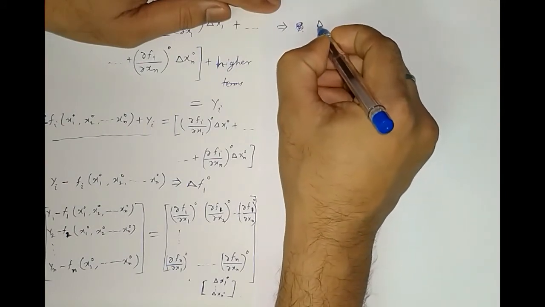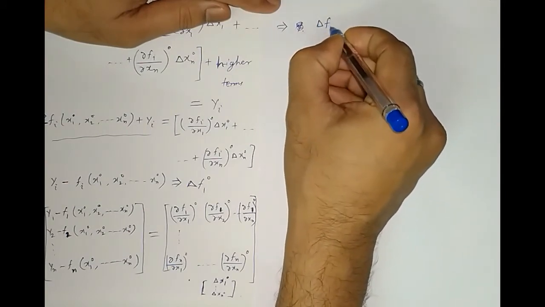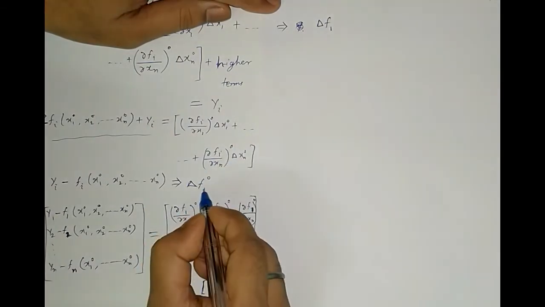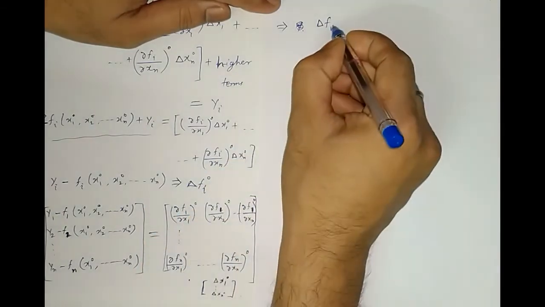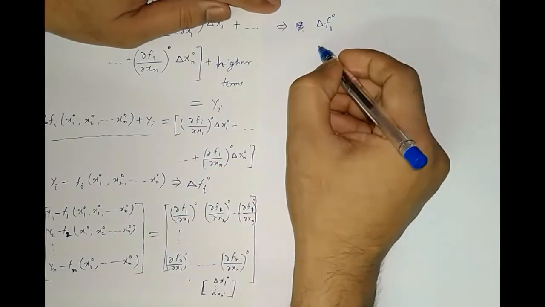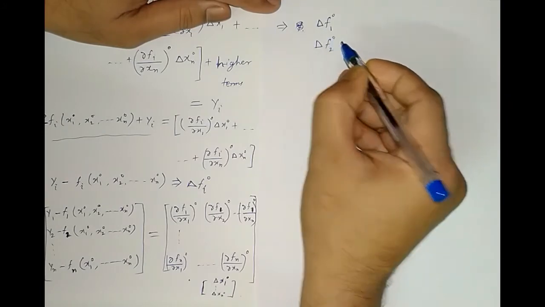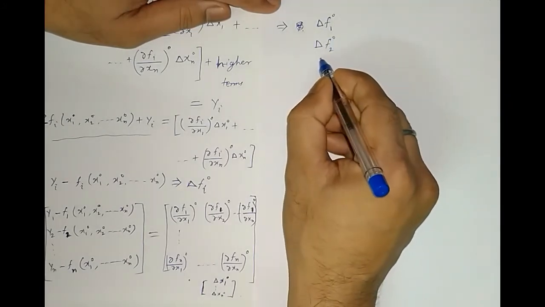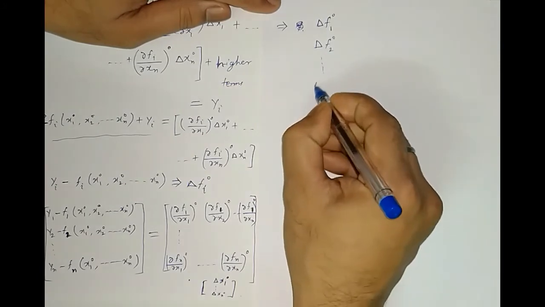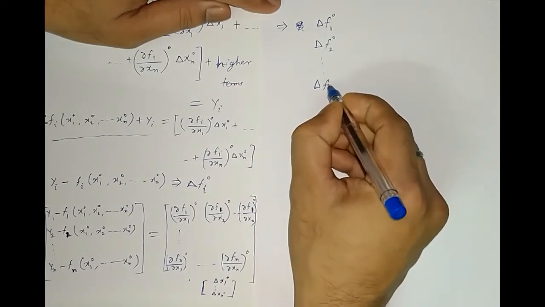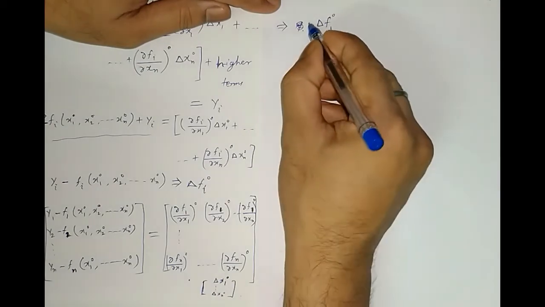So this will be delta f1 0, delta f2 0, and so on, delta fn 0.